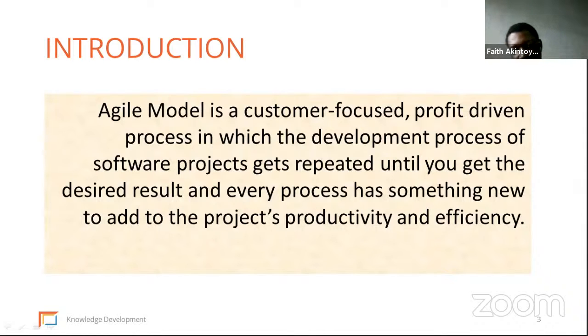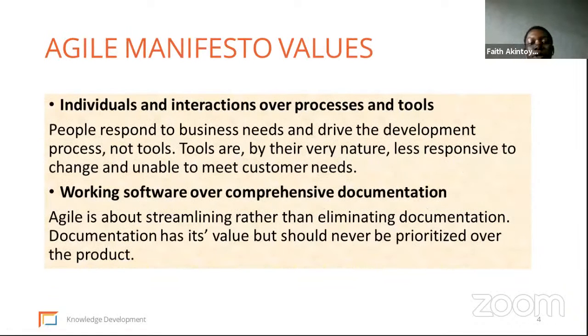Right. So now the Agile Manifesto values. These are what we call the ABCs of the Agile model, and when you follow through these guidelines, you are able to decipher the model that is being used. Firstly, the Agile model is more about individuals and interactions compared to processes and tools.